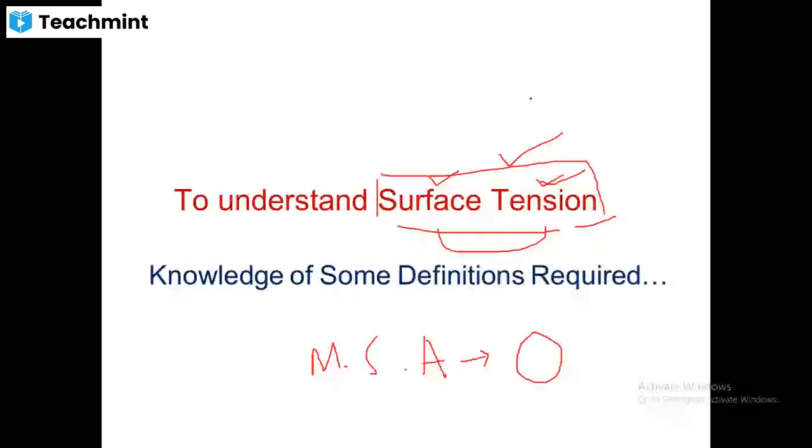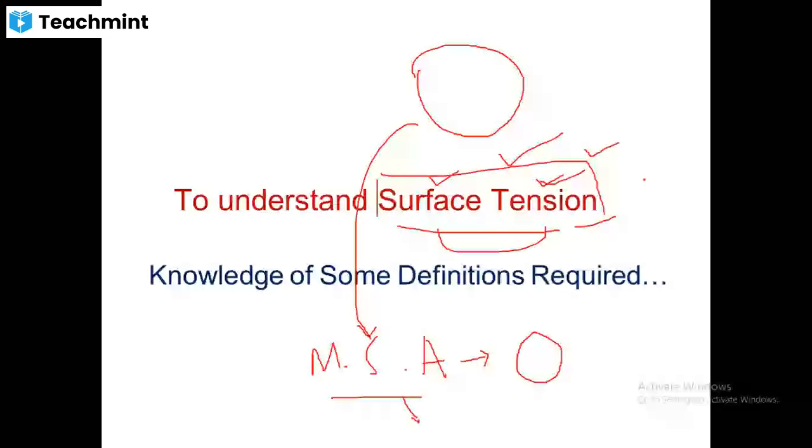Because of that, the liquids always try to have a spherical shape. Why only spherical shape? In order to have minimum surface area. Why minimum surface area only? That I'll tell you a bit later. But right now, remember that the pressure on the surface is what is known as surface tension.